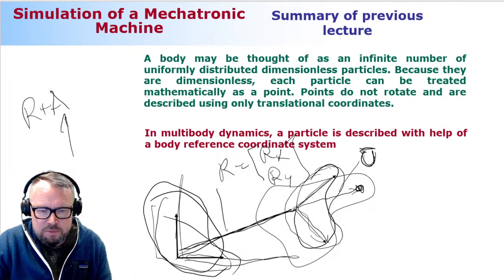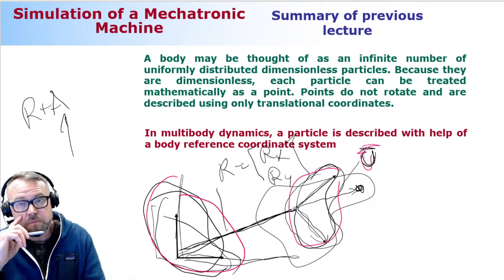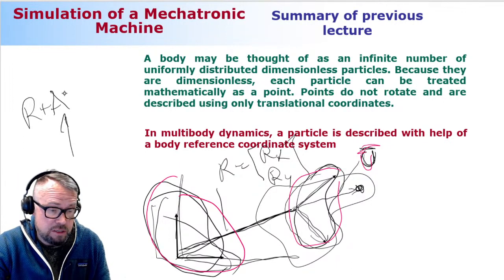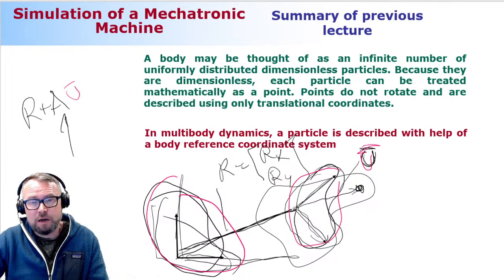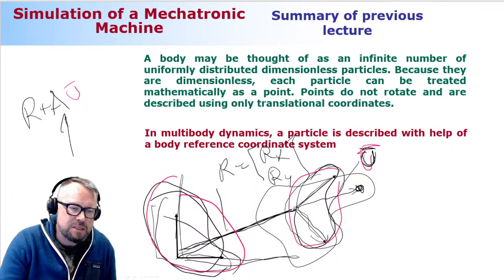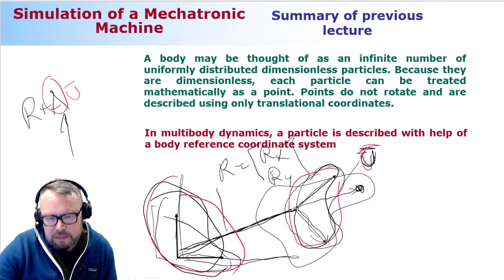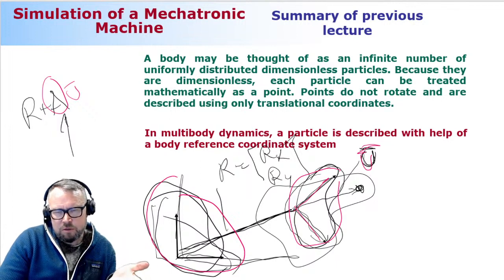So we are mapping this from this coordinate system to this coordinate system, and that's going to happen with the help of this 2x2 rotation matrix. And that's the way we can describe the particle with respect to the global coordinate system. Now this 2x2 rotation matrix is a representation of the body coordinate axes. Coordinate axes have a 90 degree angle with respect to each other.